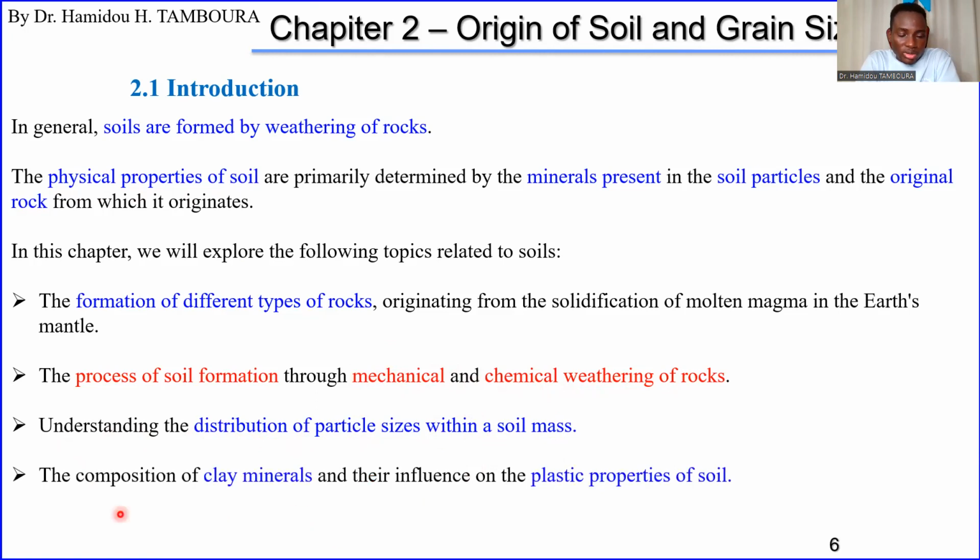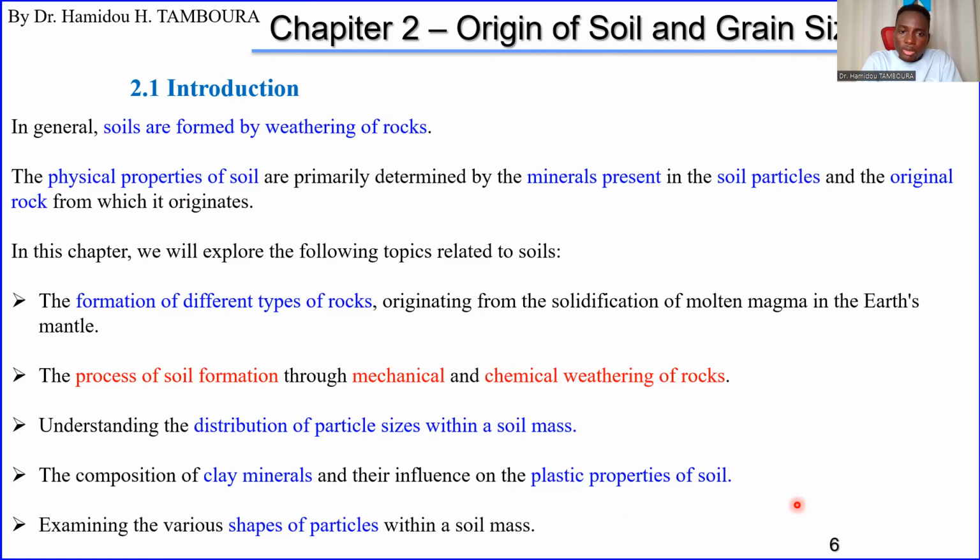And we will also cover the composition of clay mineral and their influence on the plastic property of the soil. And the last one, we will do by investigating or studying the different shapes of soil particles. That one is the last point of this chapter.